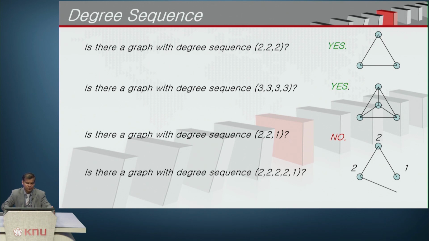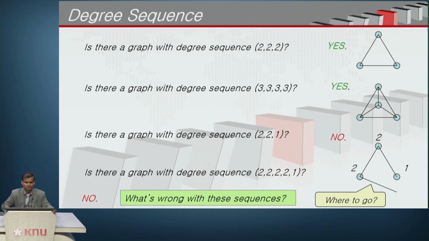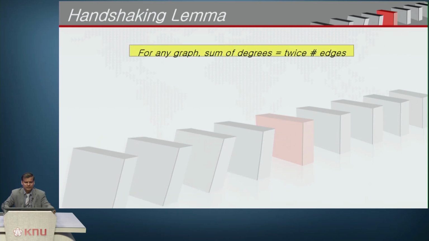And again, the question is, where does that edge go? And is there a graph with a degree sequence 2, 2, 2, 2, 1, the similar one? No. That's something you can check, and you can ask what is wrong with these graphs.